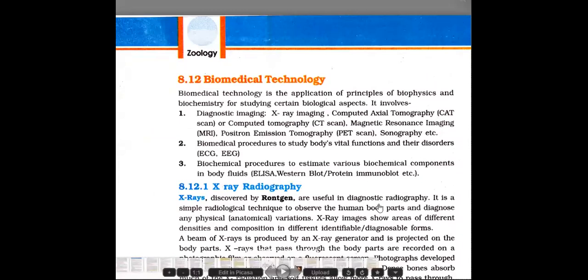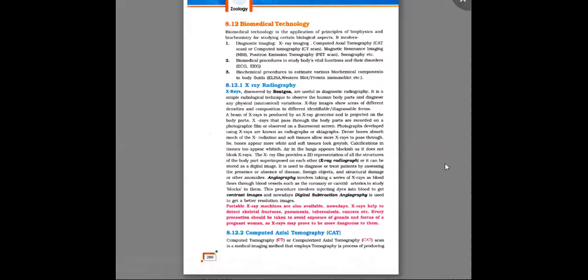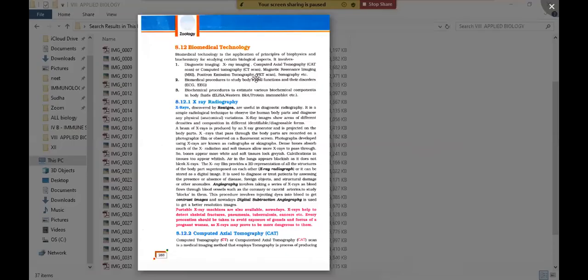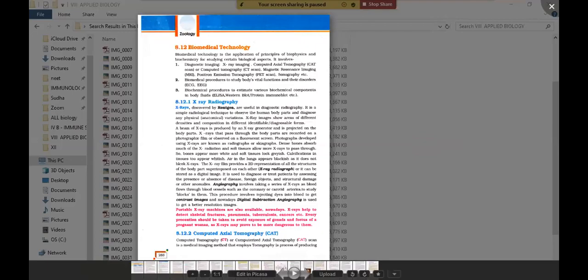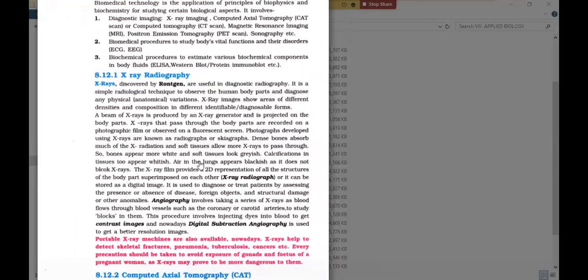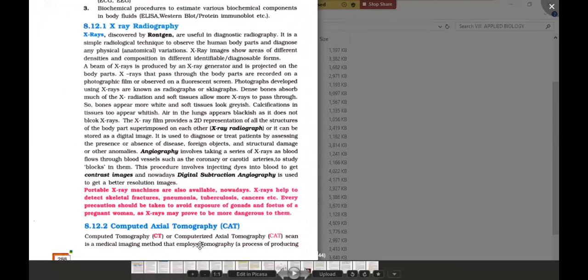From the user's point of view, in advantages, we can say it is easily available, and it is very helpful for the primary detection of whatever abnormalities in the bone.